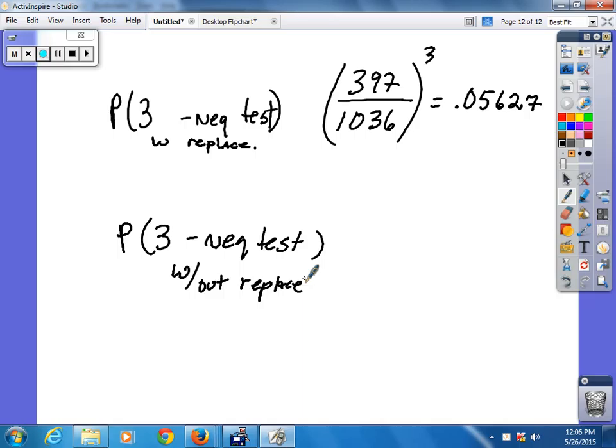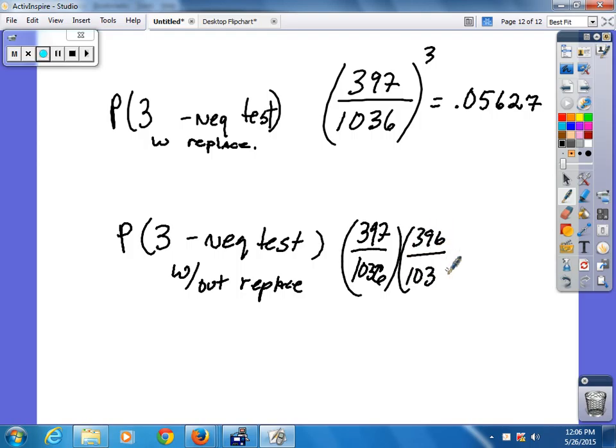So that would be 397 over 1036 times 396 over 1035, times 395 over 1034. And what you're going to see is you're not going to see much of a difference between these 2 answers because these numbers are so big.